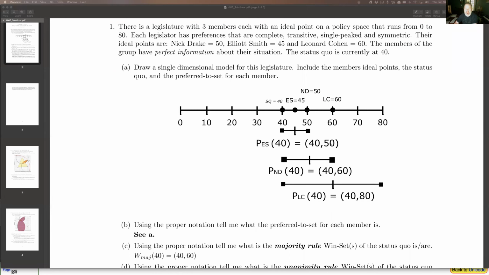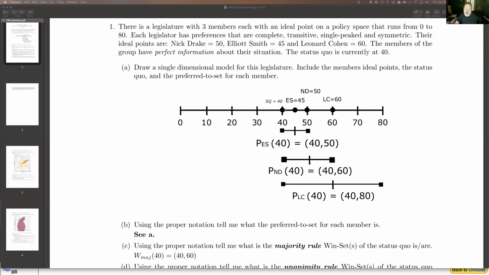So those 2 indifference points are the bounds of his preferred-to set. Everything inside of those 2 points is in the preferred-to set, which is why we have these soft parentheses: 40 and 50 are not in the preferred-to set, they are the boundaries of the preferred-to set.